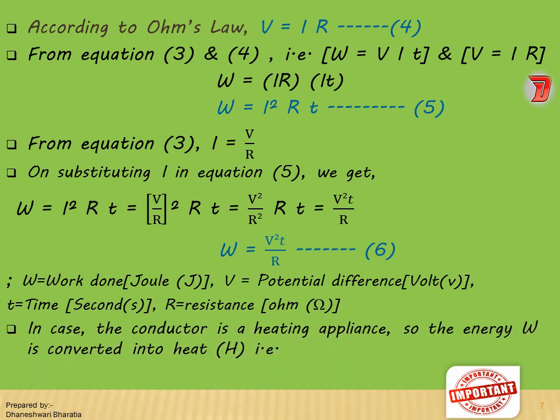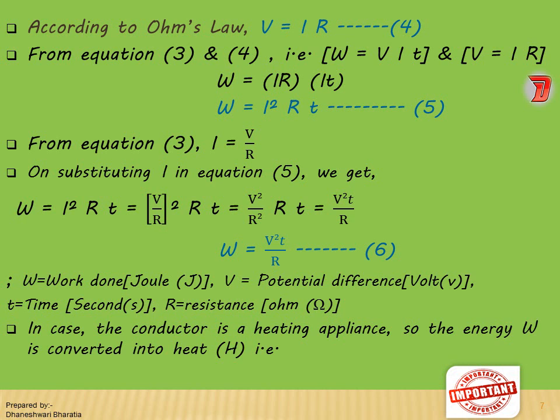This is very important, whatever we are going to discuss now. In case the conductor is a heating appliance, the energy W is converted into heat. Of course we know this: electrical energy is getting converted into heat energy.